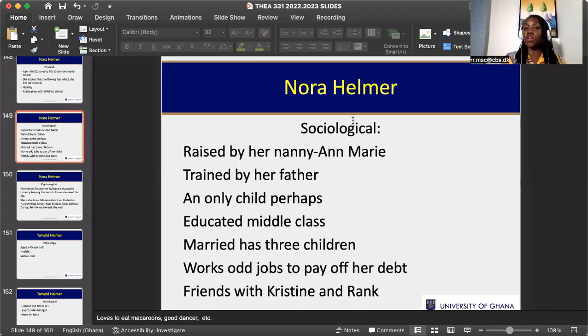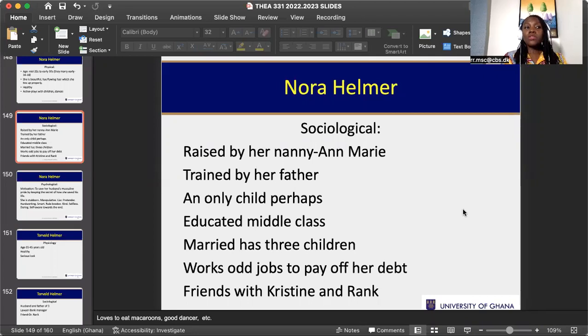And her sociological dimension. We know that nothing was said about her mother. She was raised by Anne-Marie, who is now raising her children. She was trained by her father because nothing was said about the mother. And she also talks about how all the opinions she has about life were given to her by her father.